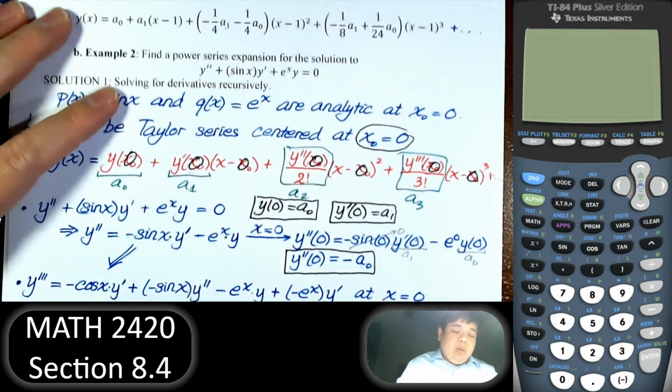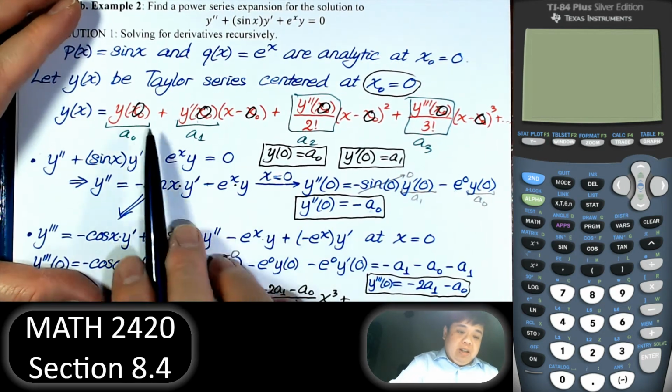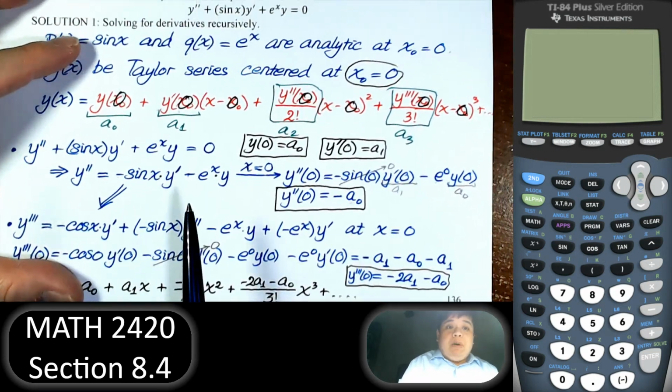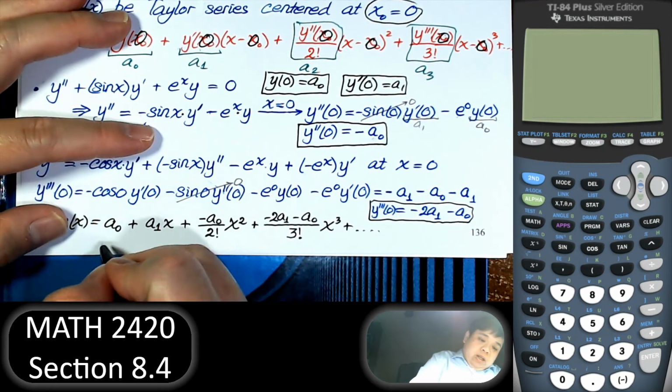So that's why we solve the fourth derivative recursively, and then use it in the Taylor series to write the solution. So we write this.